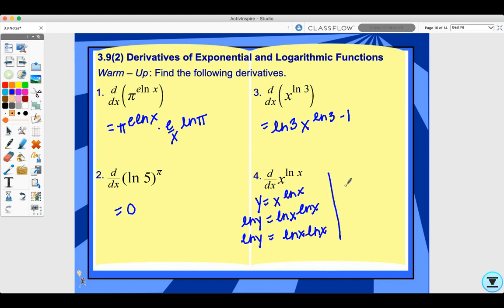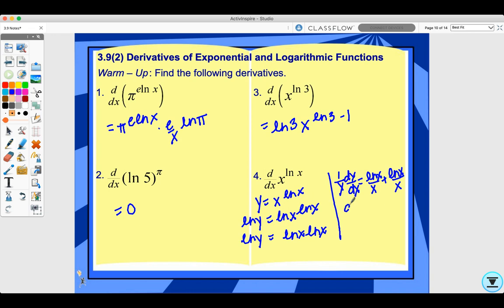So my derivative of the natural log of y using implicit differentiation is 1 over y dy/dx equals the derivative of the natural log of x times the natural log of x. We need to use the product rule. So it'd be the natural log of x over x plus the natural log of x over x.